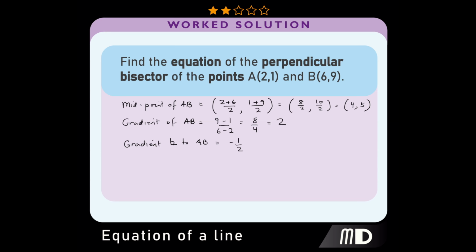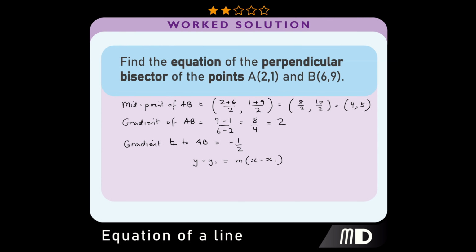Using that information, we can now find the equation of the perpendicular bisector. We use the standard equation y minus y1 equals m bracket x minus x1 close bracket when we know a gradient and a point with coordinates x1, y1 that the line passes through.